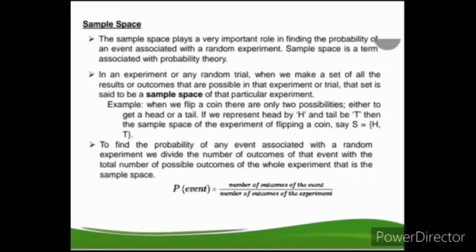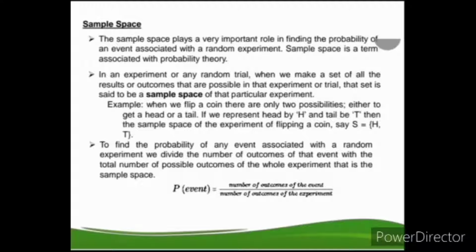Sample space. The sample space plays a very important role in finding the probability of an event associated with a random experiment. Sample space is a term associated with probability theory. In an experiment or in a random trial, when we make a set of all the results or outcomes that are possible in the experiment or trial, that set is said to be the sample space of that particular event.